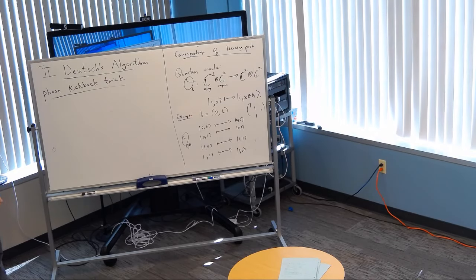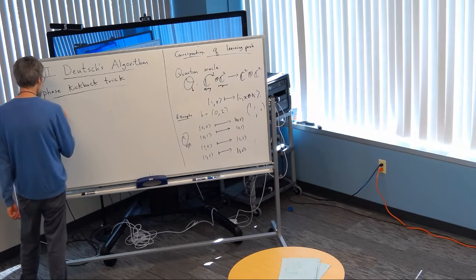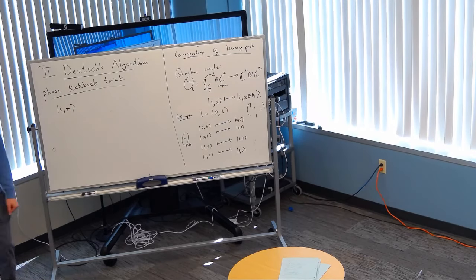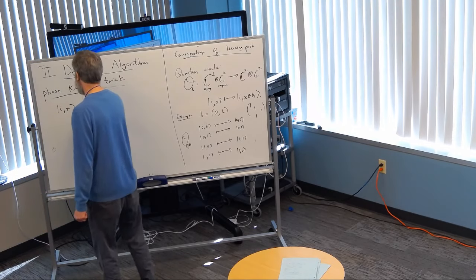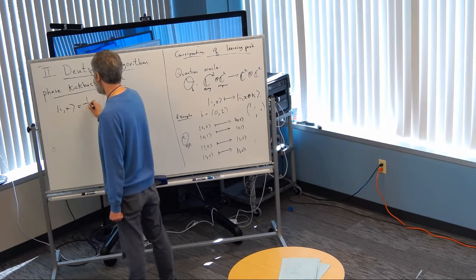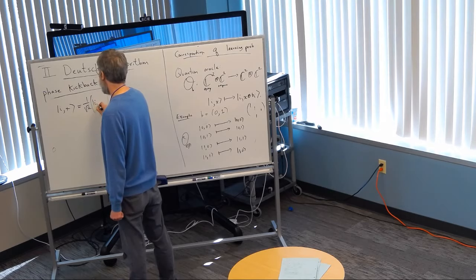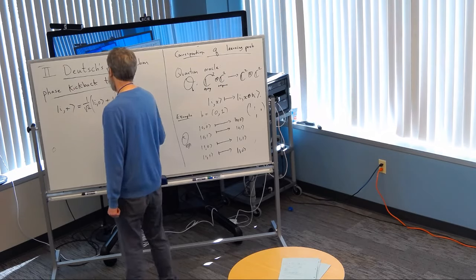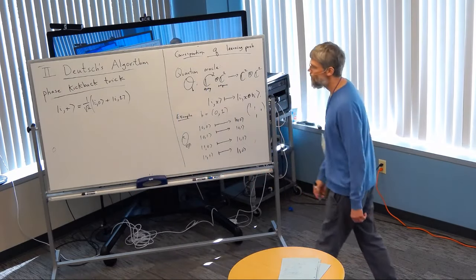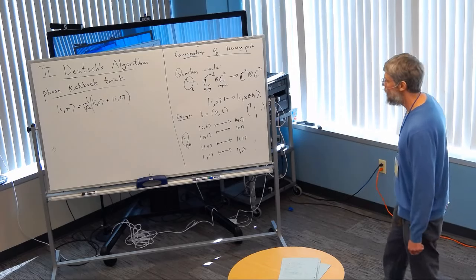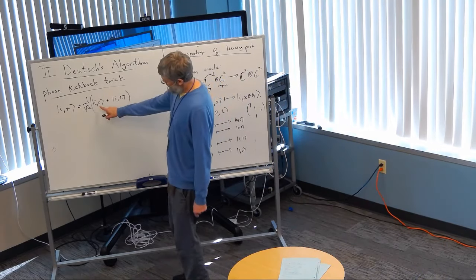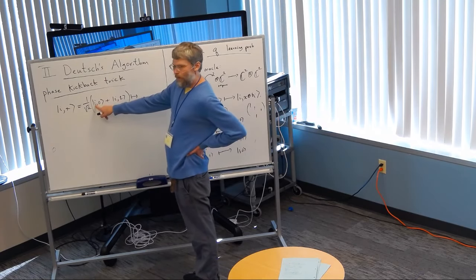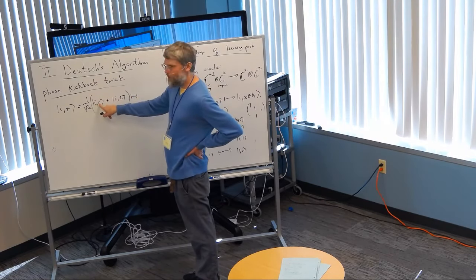Let's follow through on your suggestion of putting plus in the response register and see what happens to I comma plus. So I comma plus is 1 over root 2 times I comma 0 plus I comma 1. When you apply the oracle, the teacher looks up what b sub I is and adds it into this register.